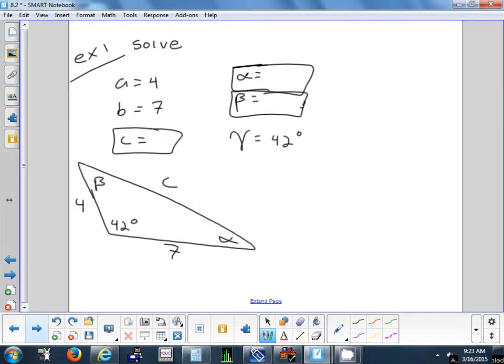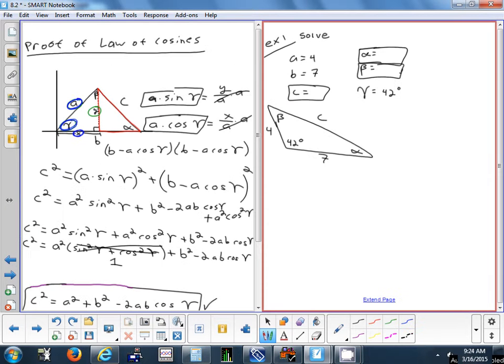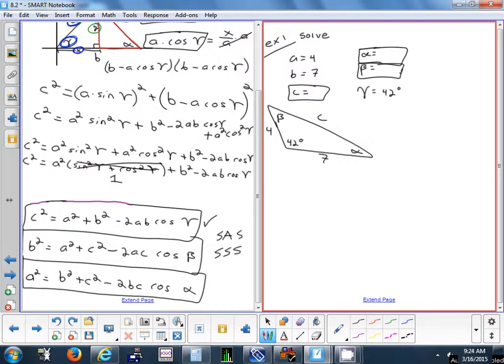Now, with side, angle, side, you are pretty much locked into using a certain version first. Let's go back and look at them. Which version do I have to use here right away? Version 1, 2, or 3? And why? 1, because you don't know c squared, so you're solving for it.